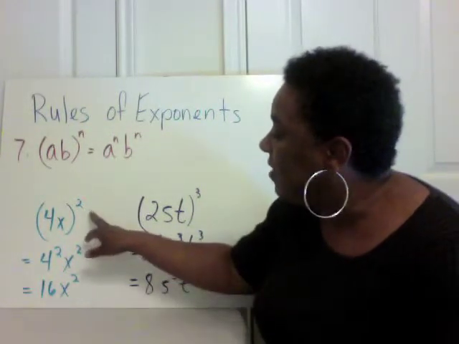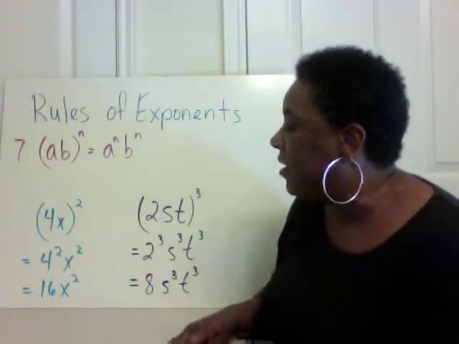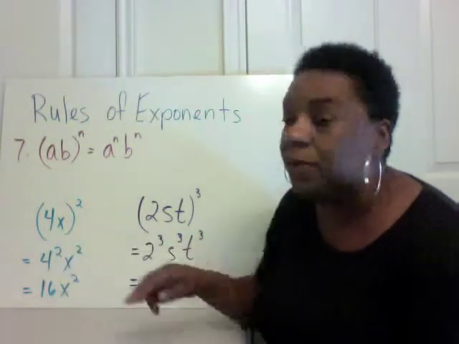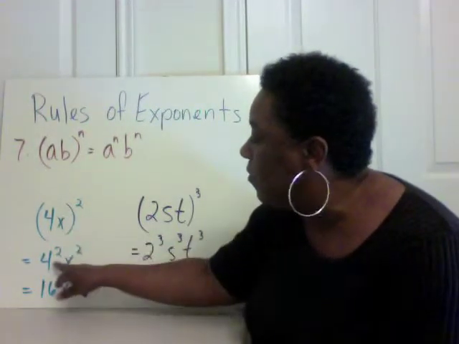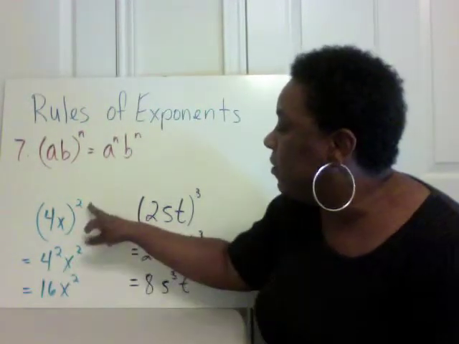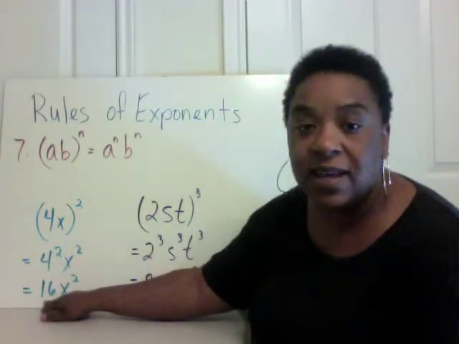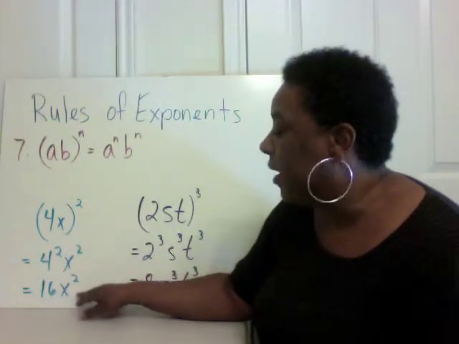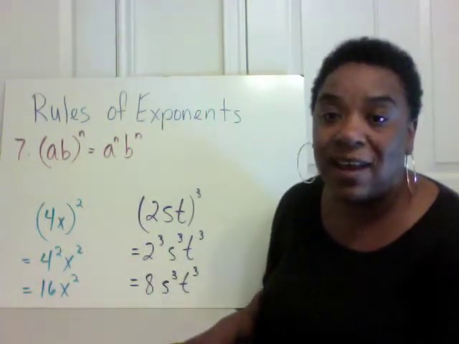And you can just look at this example as a way of distributing the exponent to each value inside the parentheses. So we distribute 2 to the 4 and we distribute 2 to x. 4 squared is 16 and x squared is x squared. So our final answer is 16 times x squared.